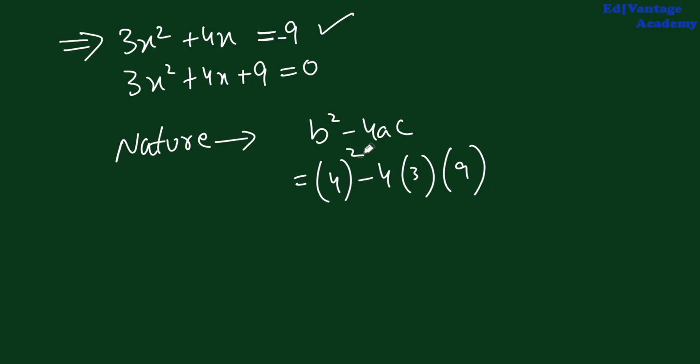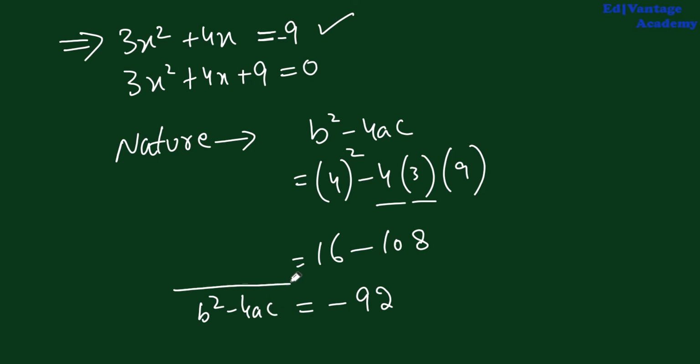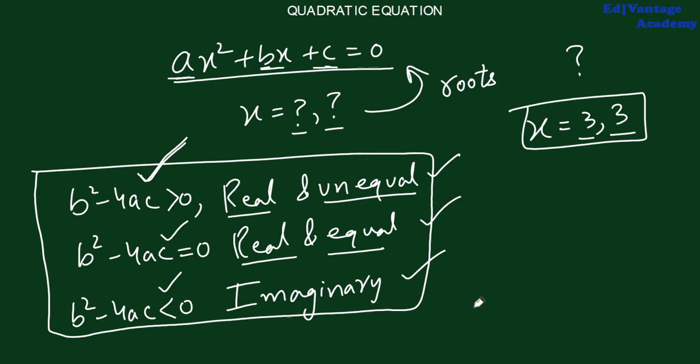I'll simplify it. It will become 16 minus 4 into 3 is 12, 12 into 9 is 108. So it became 16 minus 108, that is minus 92. So you got b square minus 4ac as minus 92. That means which category? We have only three categories.